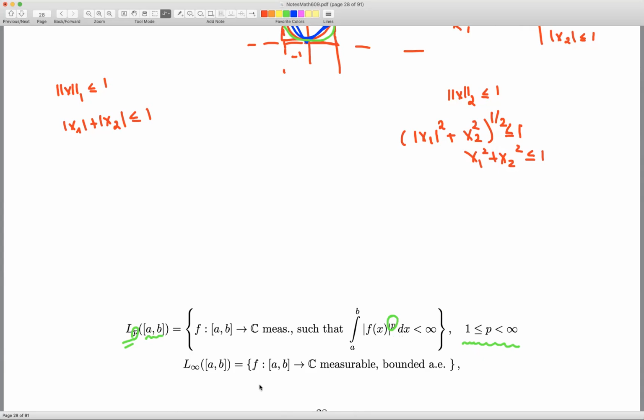And when p is equal to infinity, there is a space called L infinity. And this is the set of all functions that are measurable and defined on the interval AB. And actually, this is the set of all equivalence classes of functions, which are bounded almost everywhere.